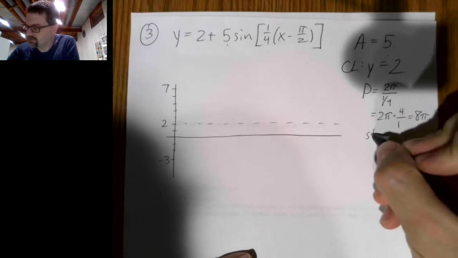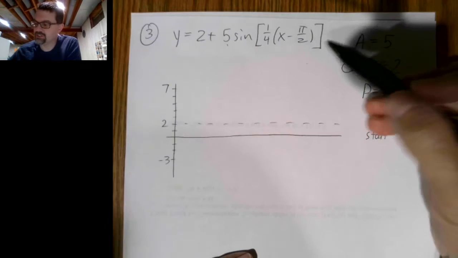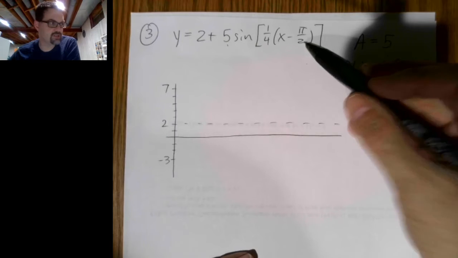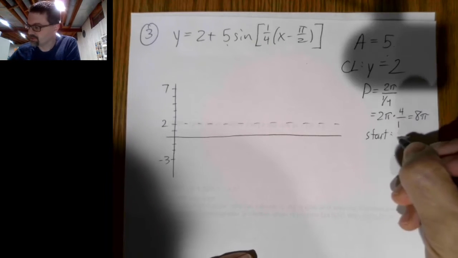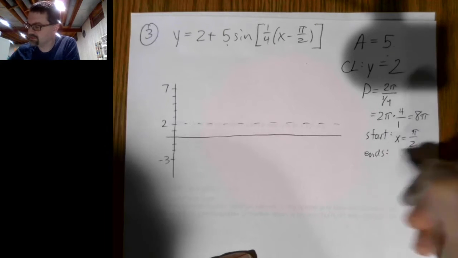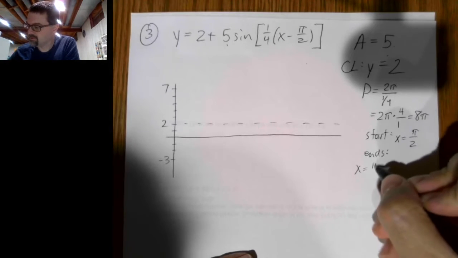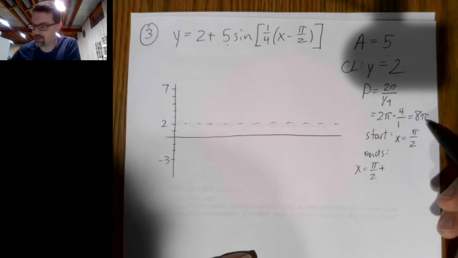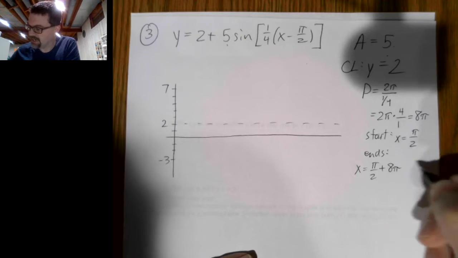Alright. This one has a horizontal shift to it right there. That's our h from our generic formula. So this thing starts at pi over 2, ends at pi over 2 plus the length of one cycle, which is exactly what the period means. So plus 8 pi.